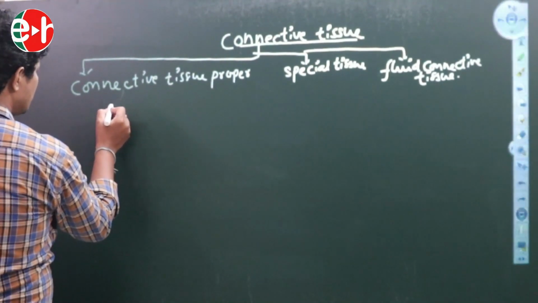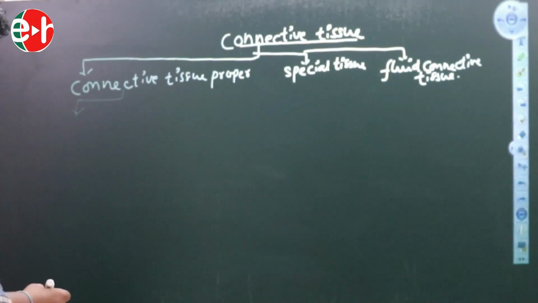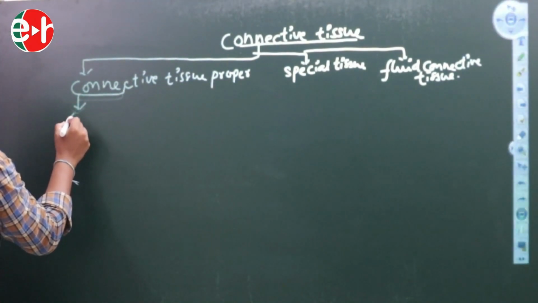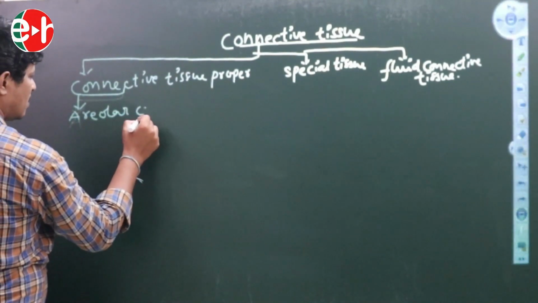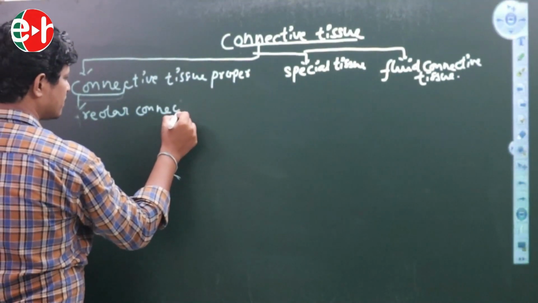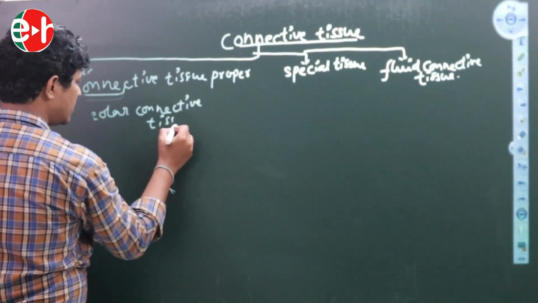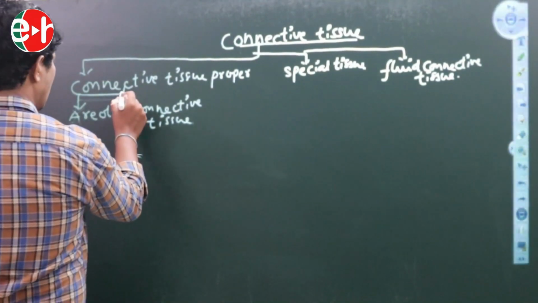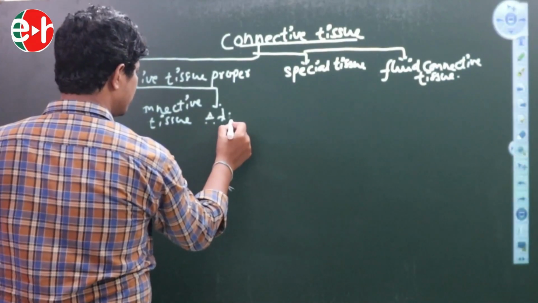The connective tissue proper is divided into three parts. First one is areolar connective tissue. The second one is adipose tissue.